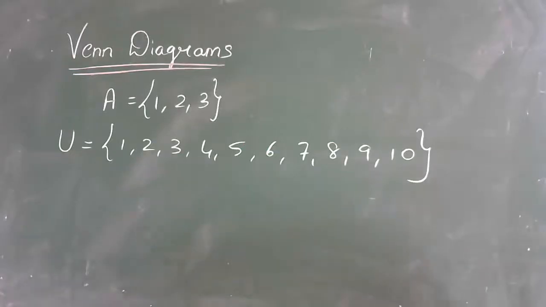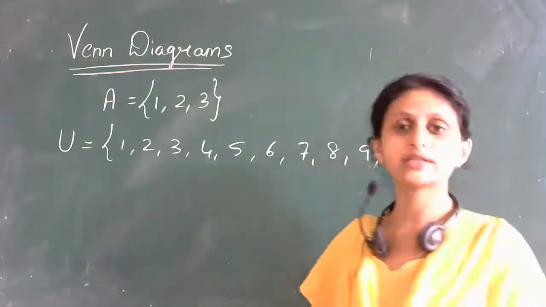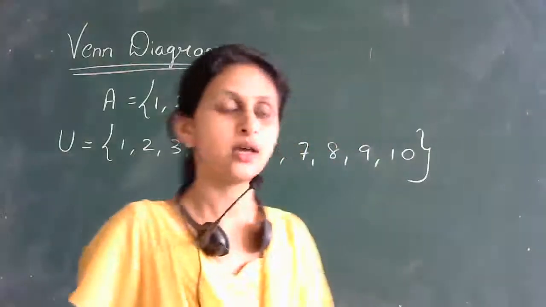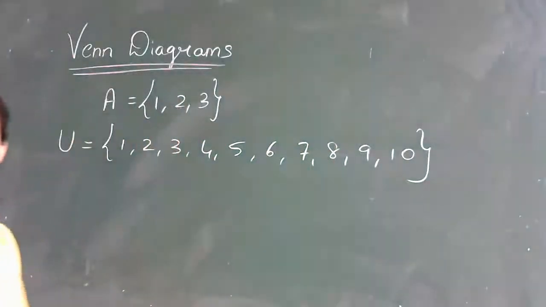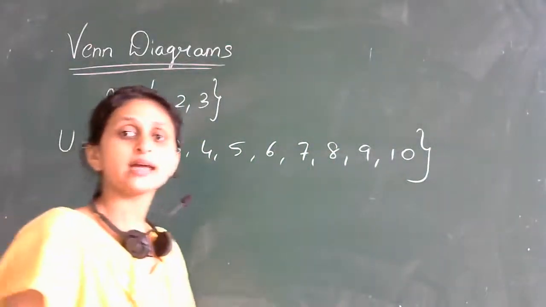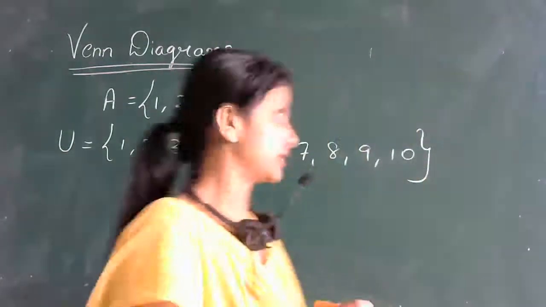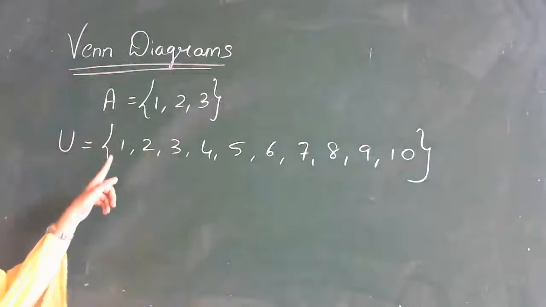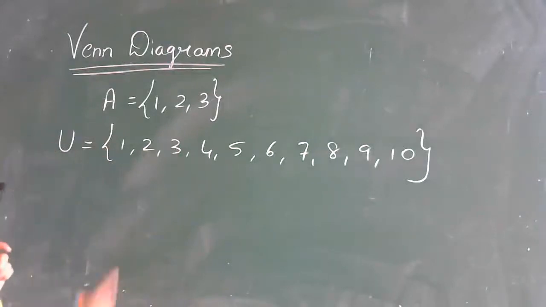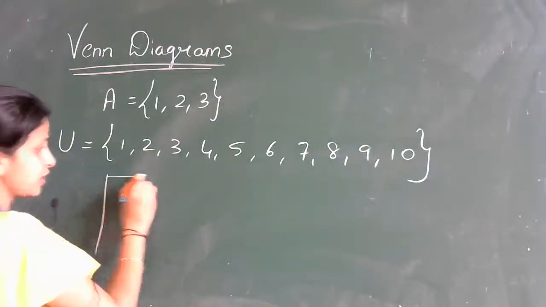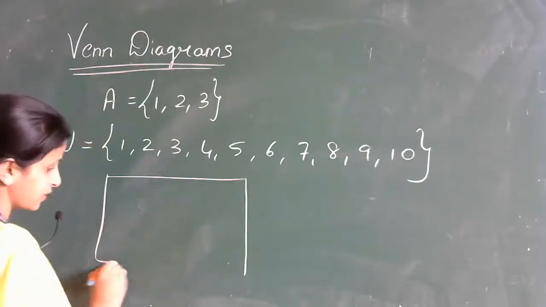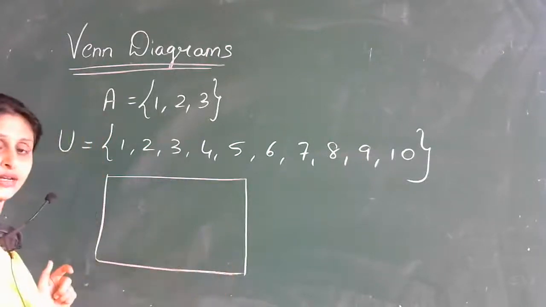Yes, correct, Mohammed. So on the whole, we are studying the relationship between sets by using these Venn diagrams. So as I told you, rectangles represent universal sets and circles represent subsets. Now of course this A will be a subset of this universal set, right? So let us represent this set in terms of a Venn diagram. So rectangles will represent the universal set.